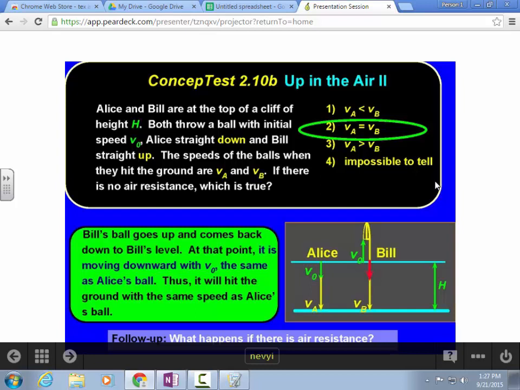Why? Because, from the standpoint of energy, which we haven't gotten to, energy gets dissipated as heat when you throw something up and there's air resistance. As a result, it's going to lose energy, and so that'll never get recovered.